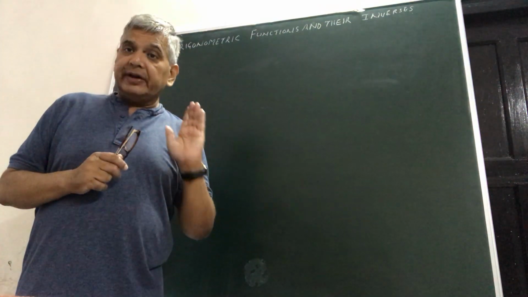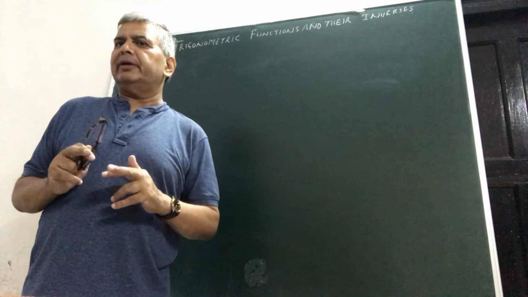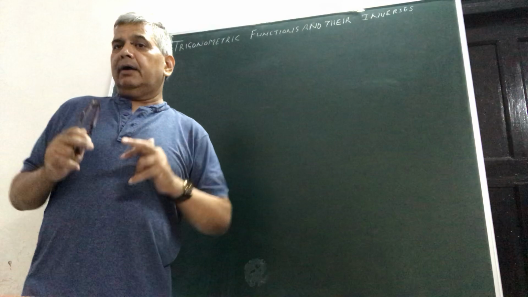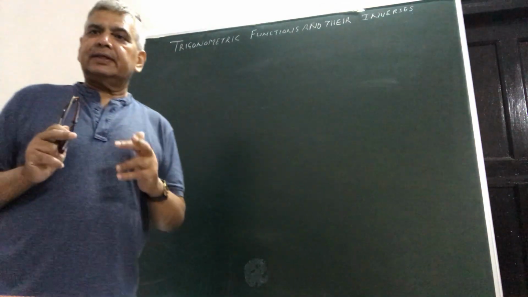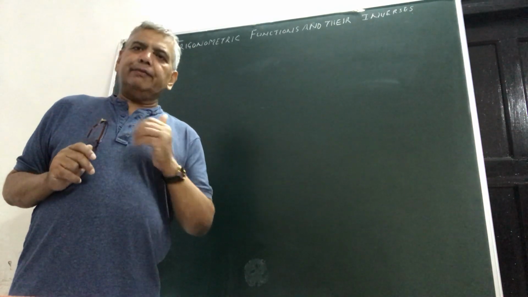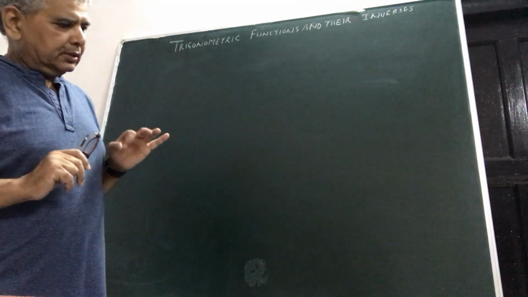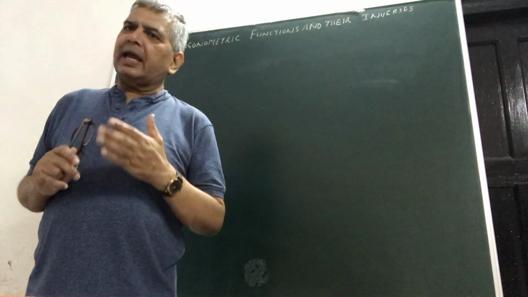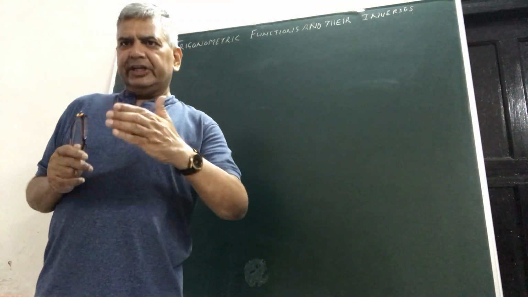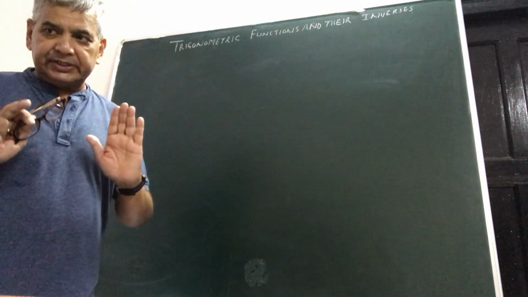And for the rest 3 functions, it is 0 to pi. Again see, for cos x it will be closed at both ends. For cot x, it will be open at both ends, and for sec x, in between, the pi by 2 element will be deleted, because there the function won't be defined. So all these things please take care.